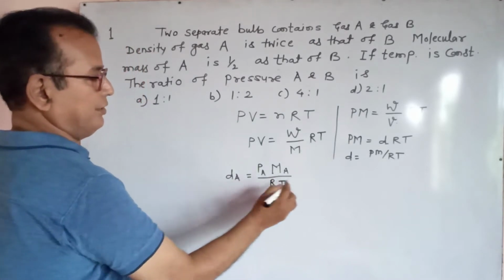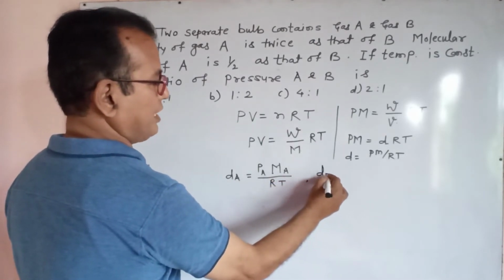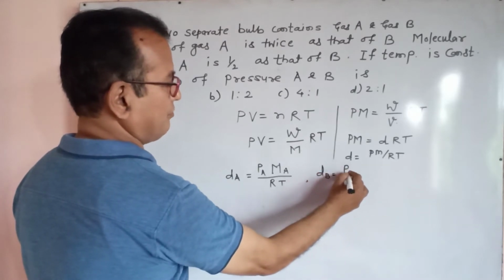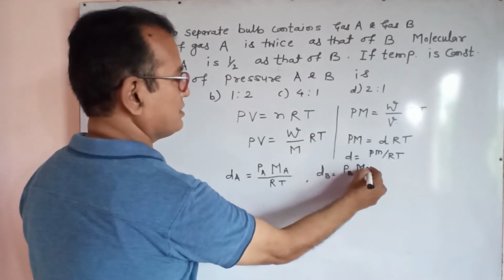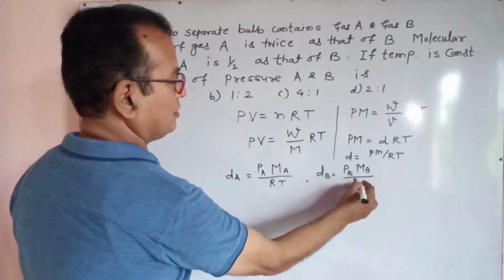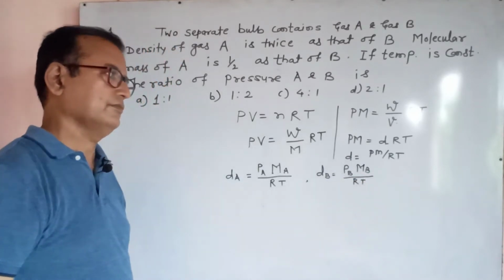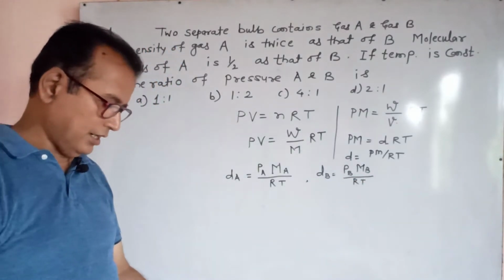It is for dA. The density of B gas is equal to pressure of B gas times molar mass of B gas upon RT. It is for A and for B.